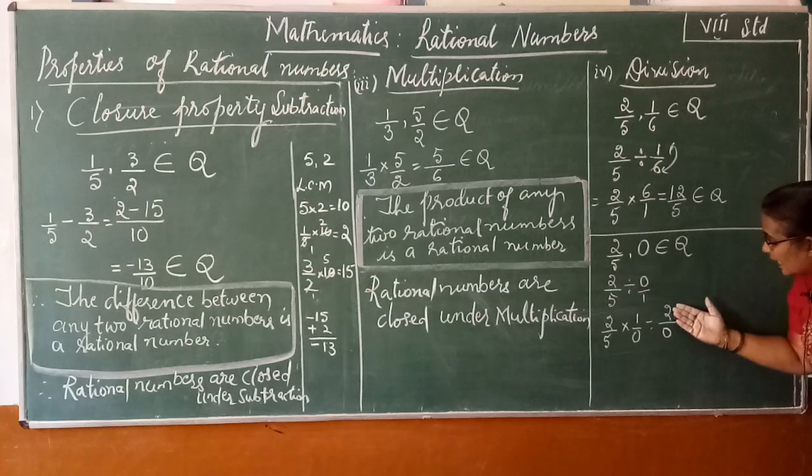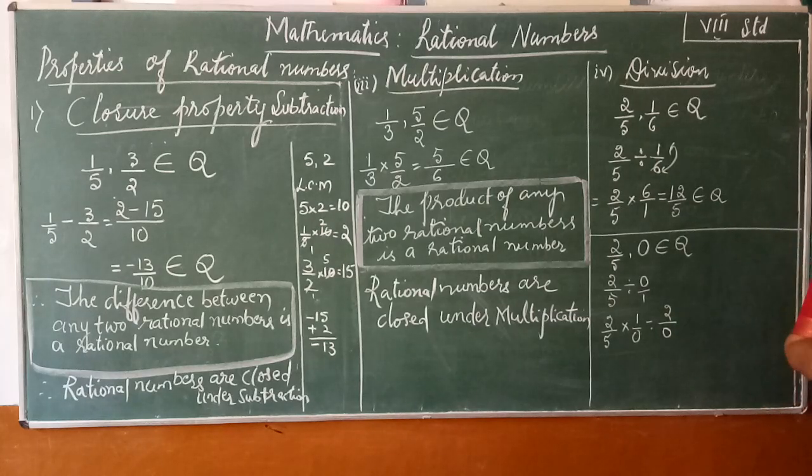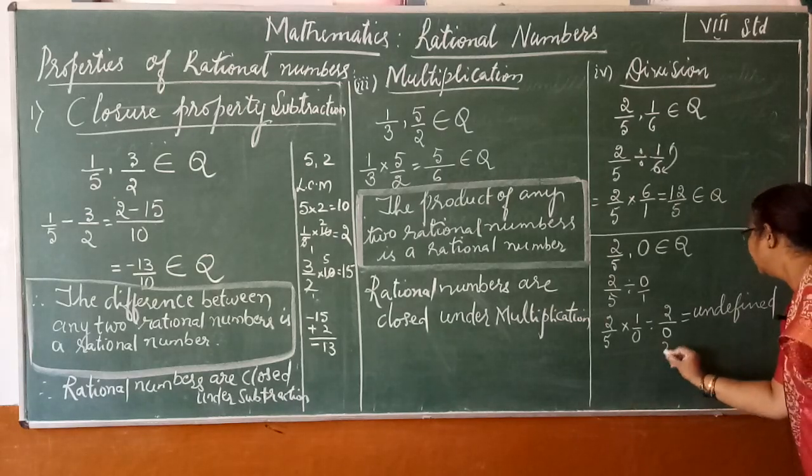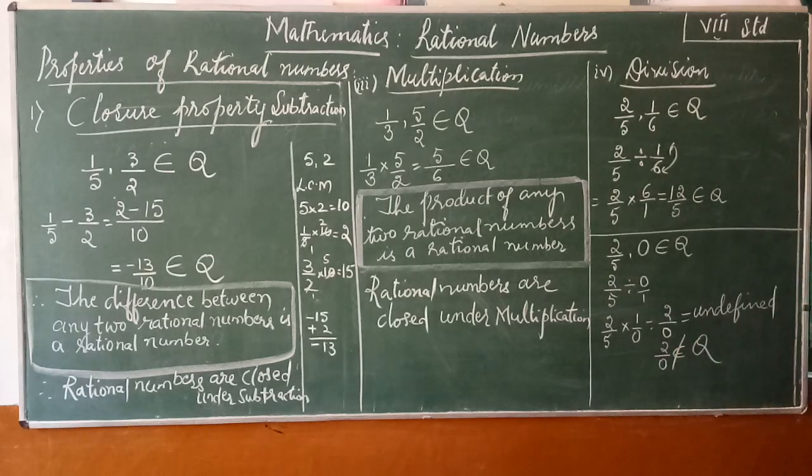Of course, it looks like p by q, where p, q are integers. The condition I said, q should not be equal to 0. If q is equal to 0, the value is undefined. You won't get any value. So 2 by 0 does not belong to Q.